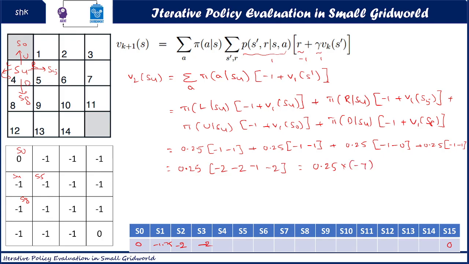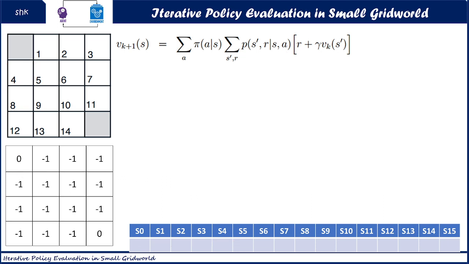So when we compute 0.25 into minus 7, which is going to give us minus 1.75. So for S4 state, we will get the value as minus 1.75. Now we will move to S5 state. The value function V2 for S5 state.